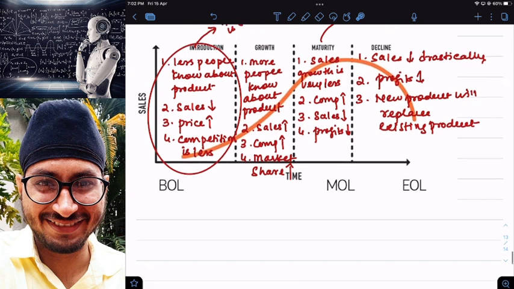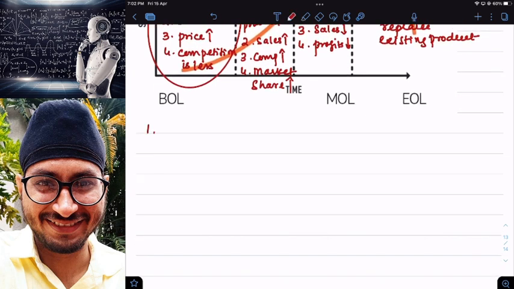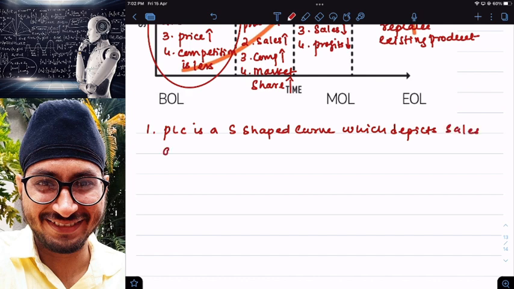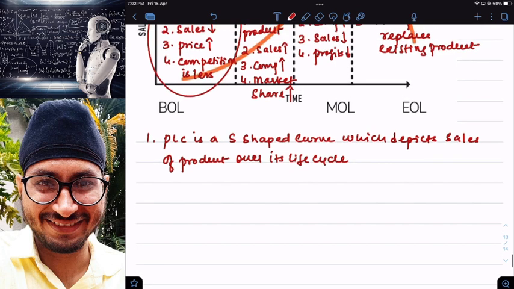So for product life cycle, I can write a summary like this. In simple words, product life cycle is an S-shaped curve, which depicts the sales of a product over its life cycle.